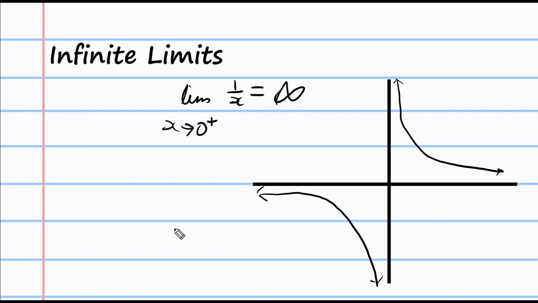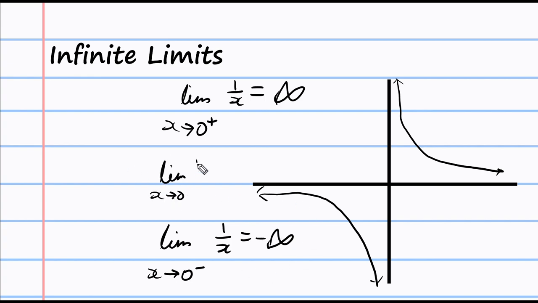And for the left-hand side, the limit as x approaches 0 from the left-hand side of 1 over x equals negative infinity, because the function is going all the way down to negative infinity. So because this is infinity and this is negative infinity, the limit as x approaches 0 of 1 over x doesn't exist because they're not equal.